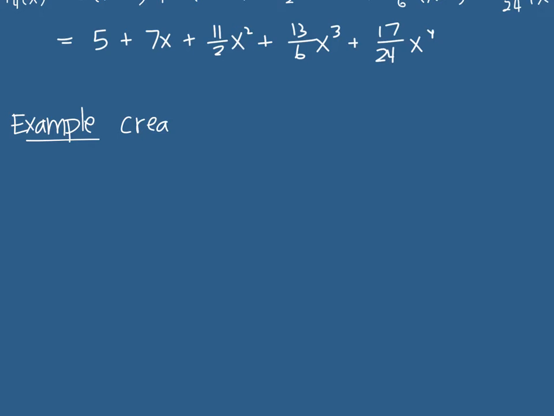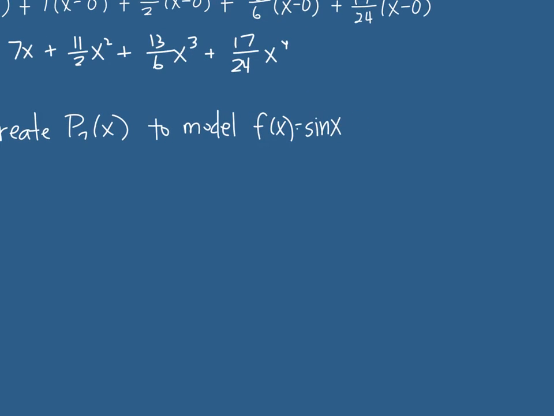All right, create P7. Don't worry, don't worry. Okay. You're like 7? We have to do 7? Okay, to model f of x equals sine of x, centered at 0.